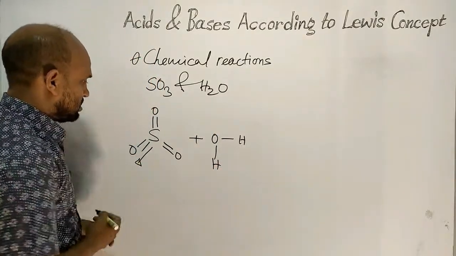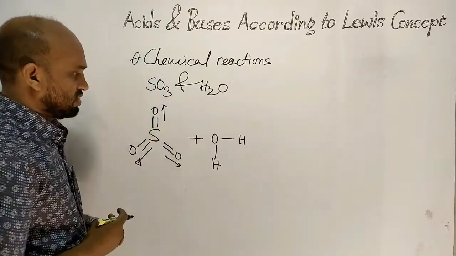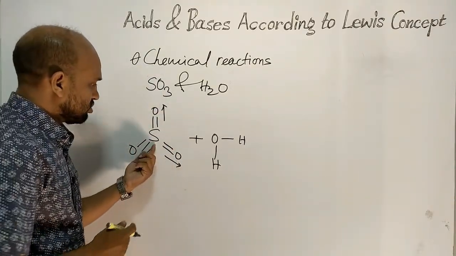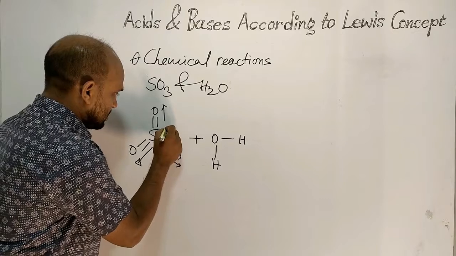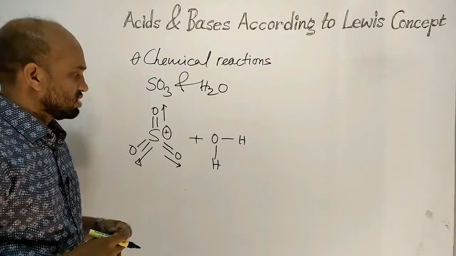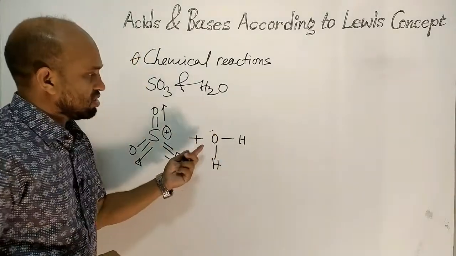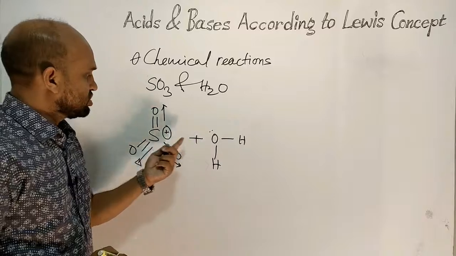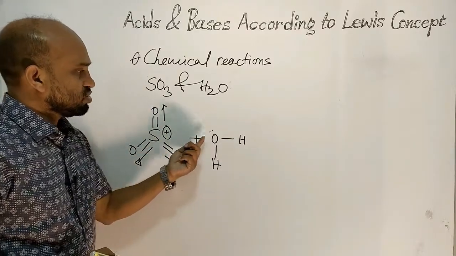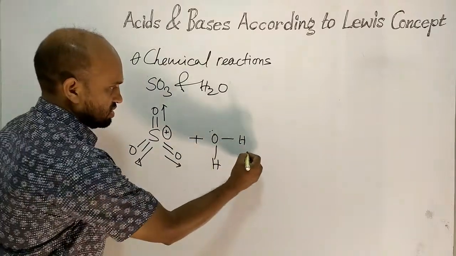Here the electronegativity of oxygen is higher than sulfur. That is why around sulfur there is originated a positive environment. For this reason, this oxygen of water combines with this sulfur with this lone pair of electrons in this way.